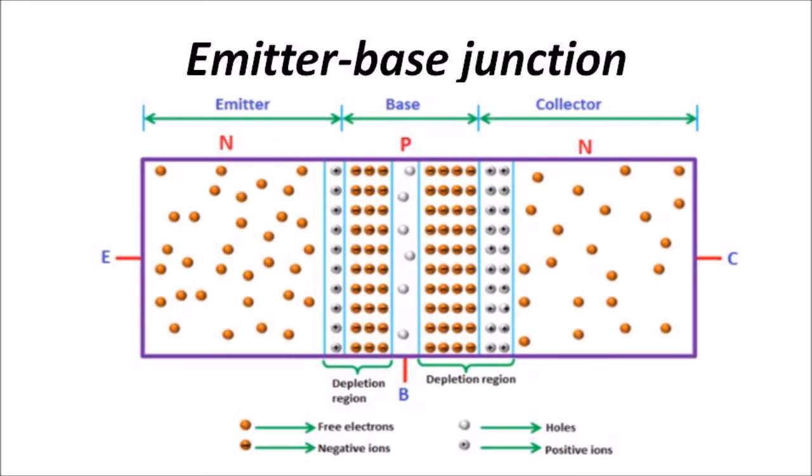Therefore, the depletion region at the emitter-base junction contains more negative ions than positive ions. The negative ions reside in the P region near the junction, and the positive ions reside in the N region near the junction. Therefore, the depletion region penetrates more towards the P region, that is, towards the base region than the emitter region.